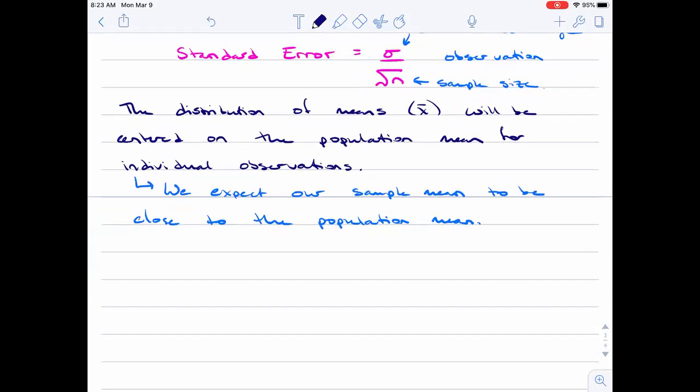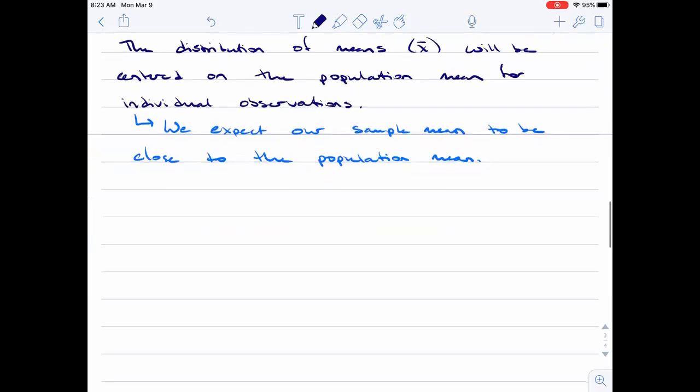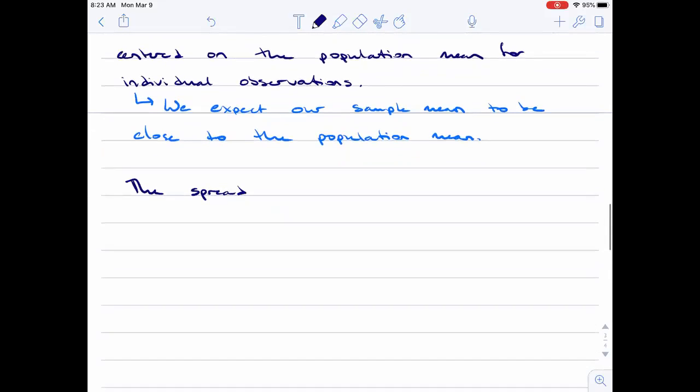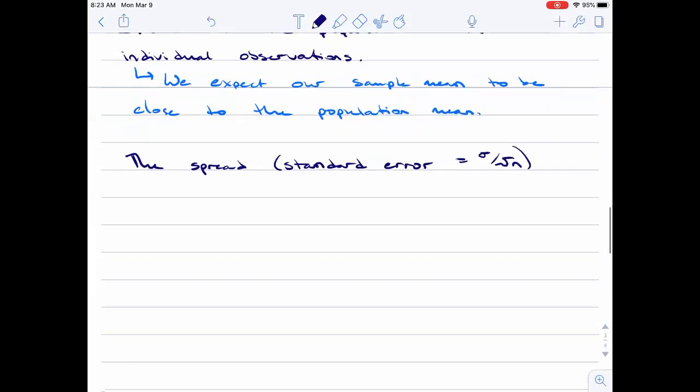Okay, so it's going to be centered on the same population mean. The spread, and I'll just say the standard error in this case, which is sigma over root n, will depend on the sample size.